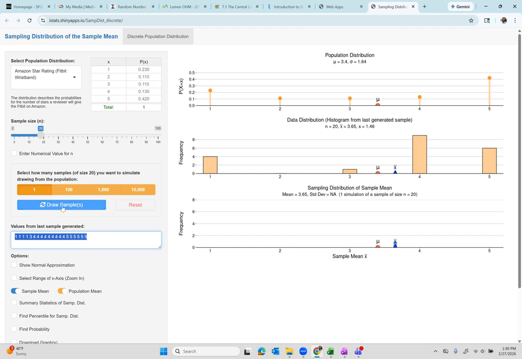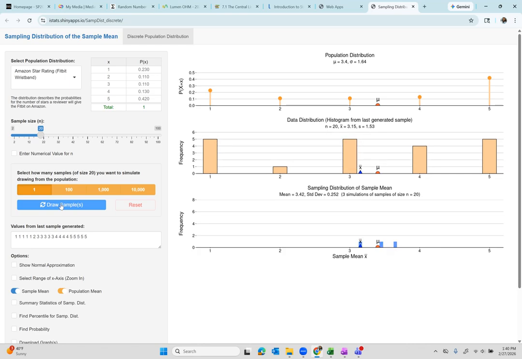If I draw another sample, it will draw a different set of 1, 2, 3, 4, 5 ratings, and it will calculate another mean, and this mean happened to be 3.55, which now is placed closer to the actual mean of the population. Let's draw another sample. That will be our third sample. Here is the new mean. It is 3.42. Let's do another sample.